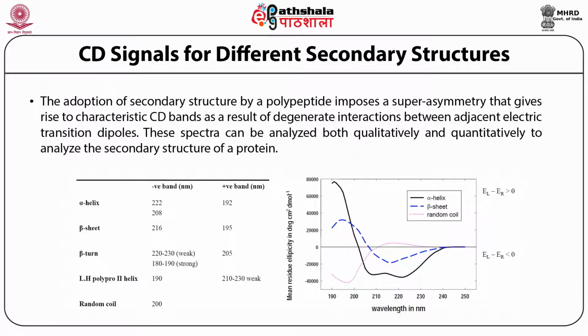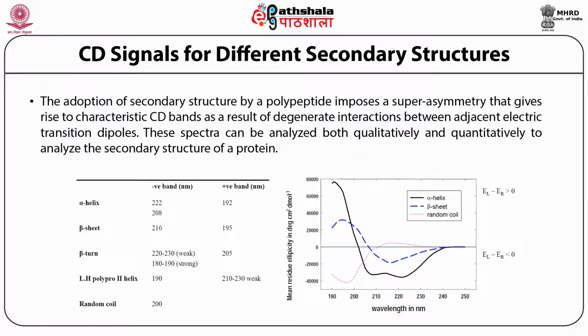For the beta turn, although it is present in very low amounts in the protein, there is a negative peak at 222 to 230 nanometer, and a strong peak at 180 to 190 nanometer is the signature.